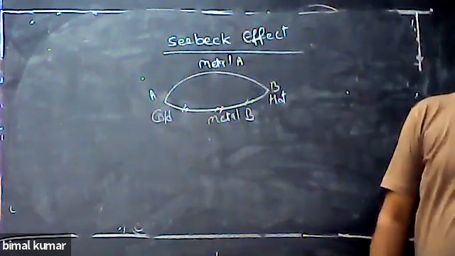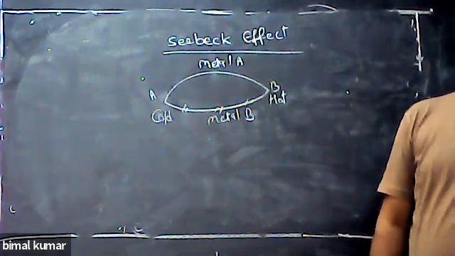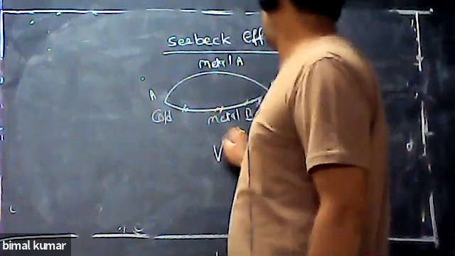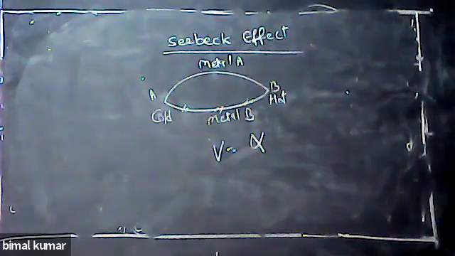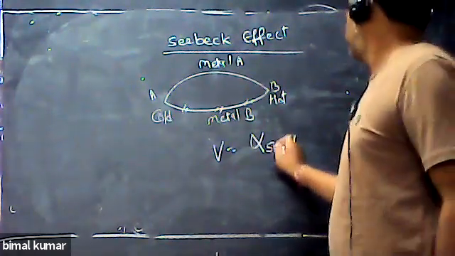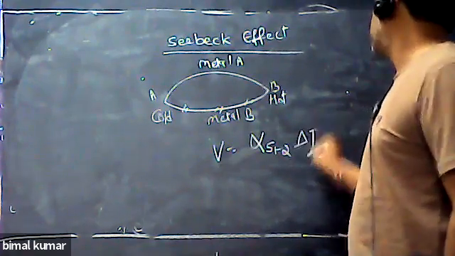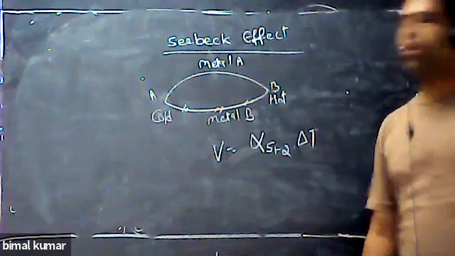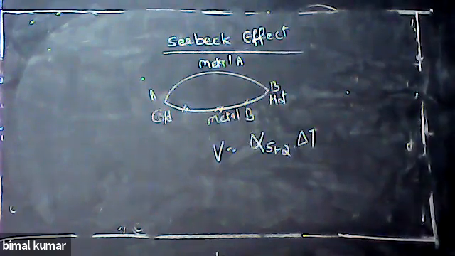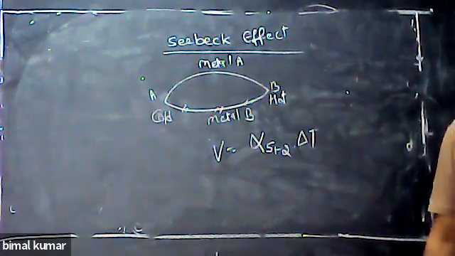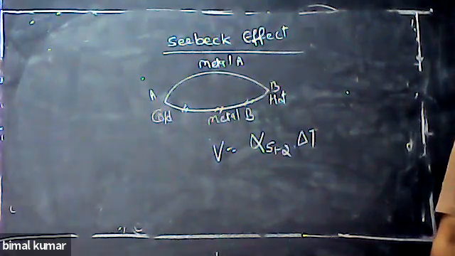So the value of the thermo EMF or voltage V will be given by V is equal to alpha S1 to 2 into delta T, where delta T is the difference between the temperature of the cold and hot junction, right?